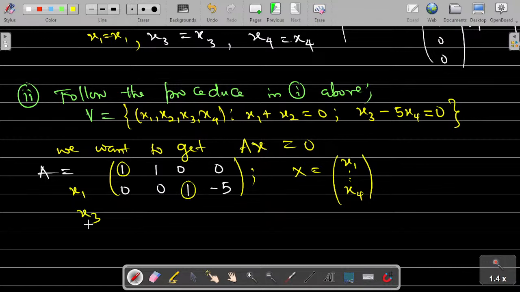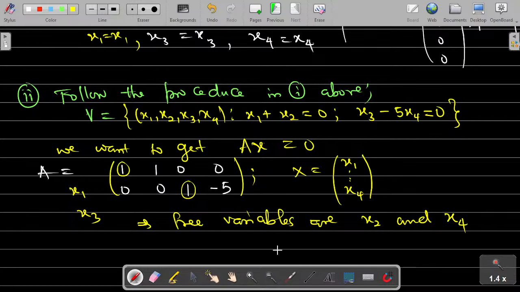So that means there are two x values that are going to be free variables, and those x values, I can write that. So this implies that our free variables are x2 and x4.